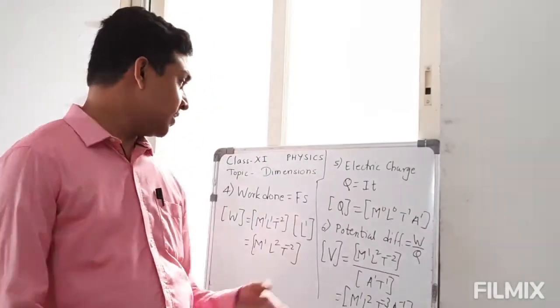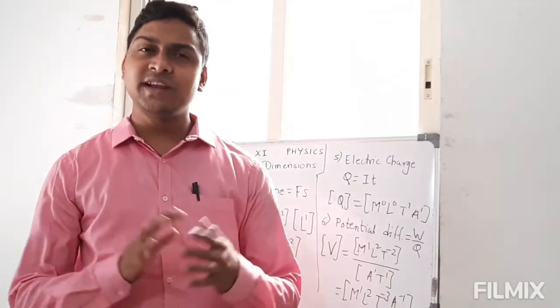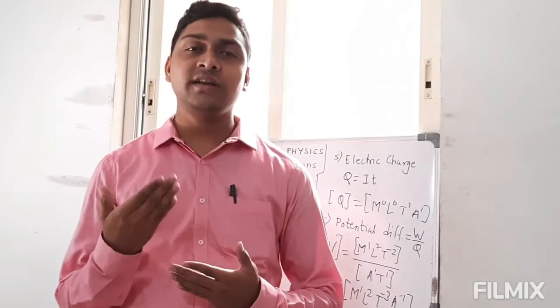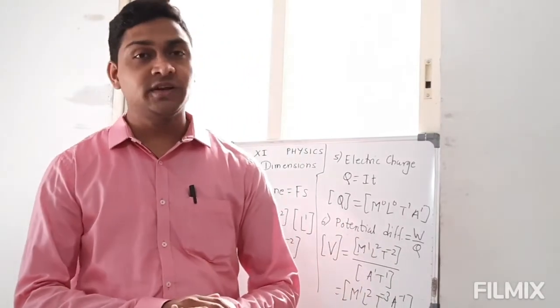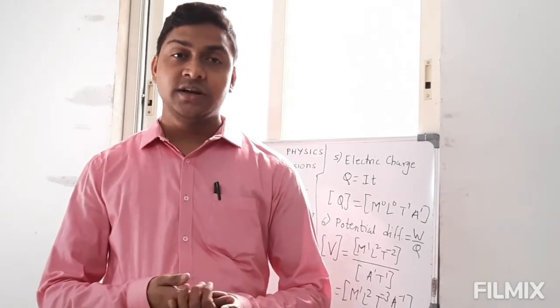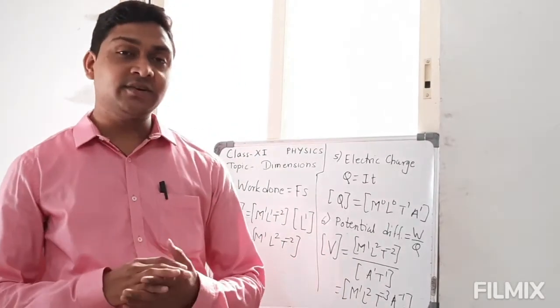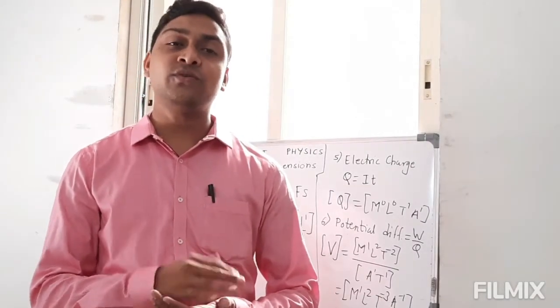So for example, we did only 6 physical quantities' dimensions. There are many physical quantities which you already learned up to class 10. That is, you learned about potential energy, kinetic energy, and power. For all those physical quantities we can find dimensions, and that will be homework for you.